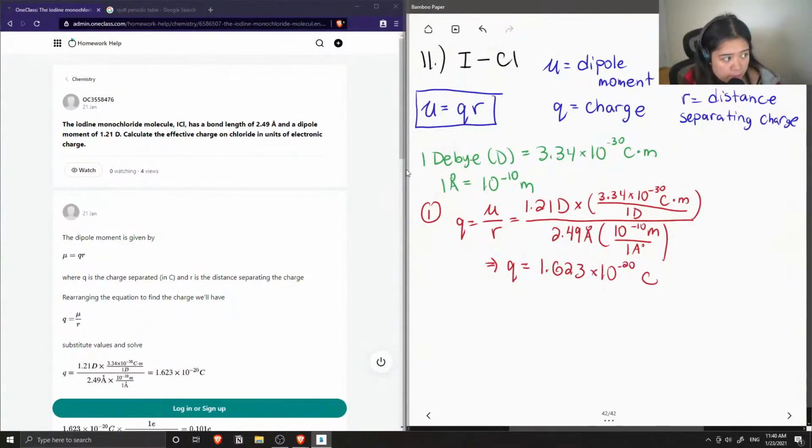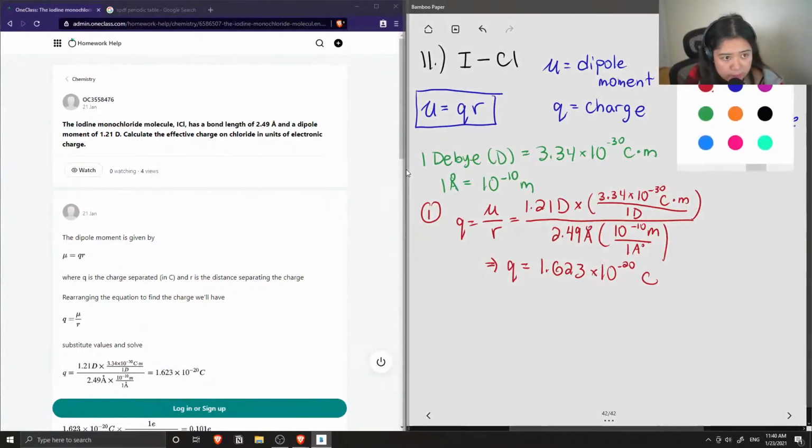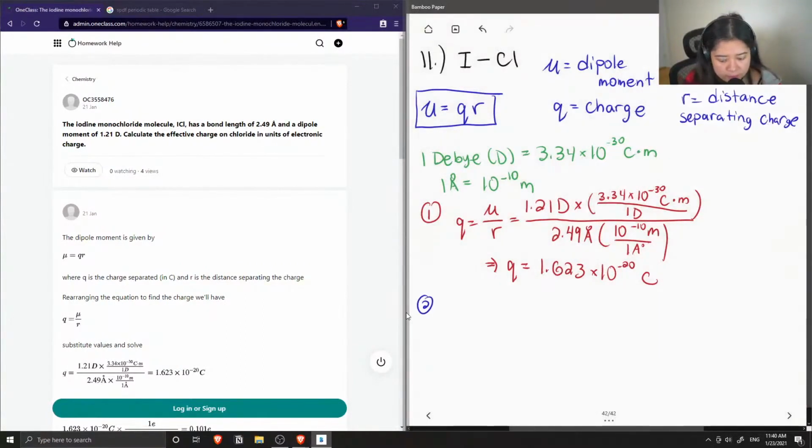Okay, so the question asks for the effective charge on chlorine in units of electronic charge. So step 2. For electronic charge, we just need to take our value in coulombs and multiply it by the conversion factor to convert to electronic charge, which is e.